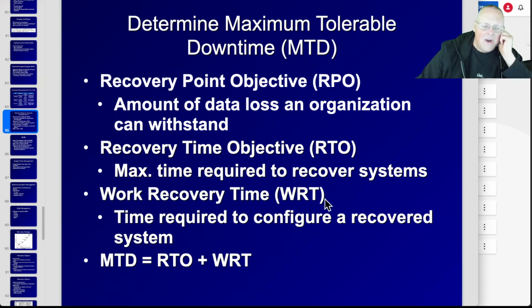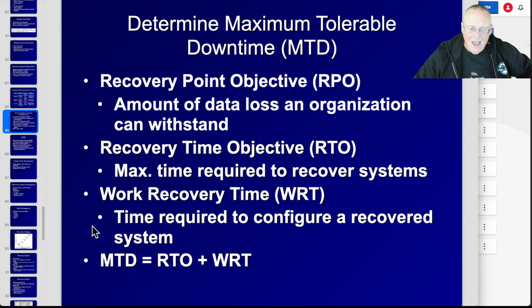And so the total amount of time to configure a recovered system is the recovery time objective plus the work recovery time, which is how long it takes to configure the system. After you recover the system, like from backups, how long does it take to add configuration to it to bring it up to full functionality? And those two times together are your maximum tolerable downtime.